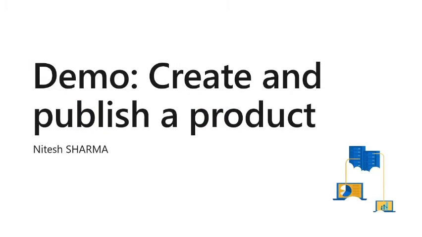So now let's publish a portal. In this demo, we should create a new product with the terms of use statement and a usage quota, and associate an API with the newly created product. It's simple. We need to create a product and then associate the API with the newly created product.